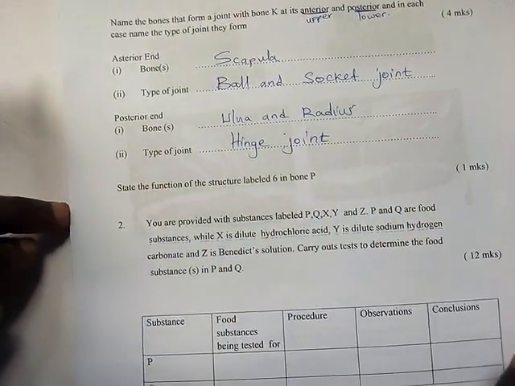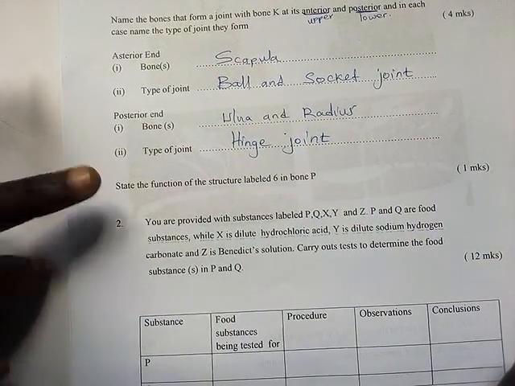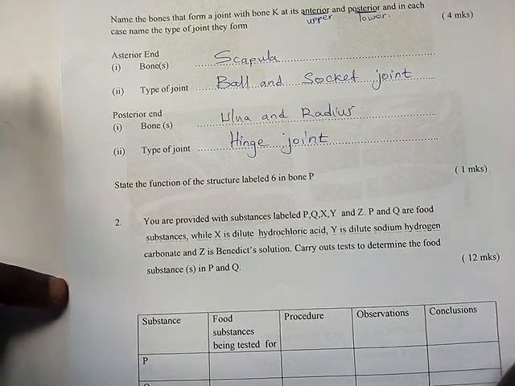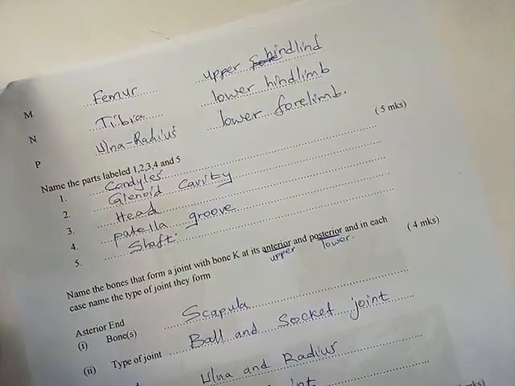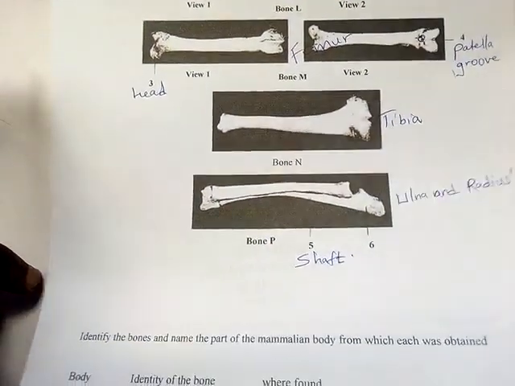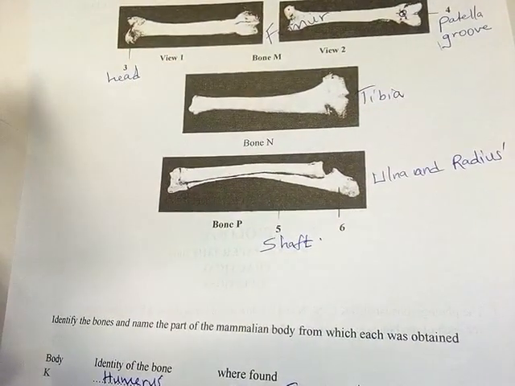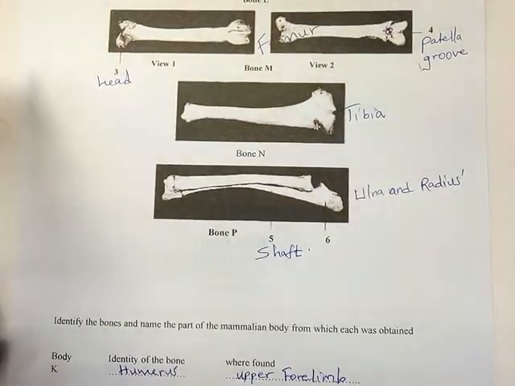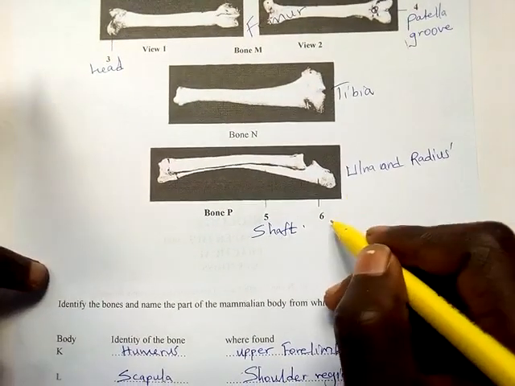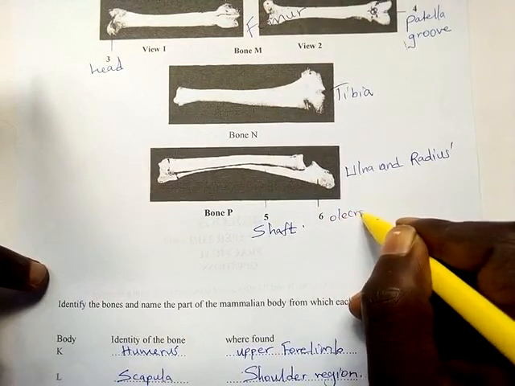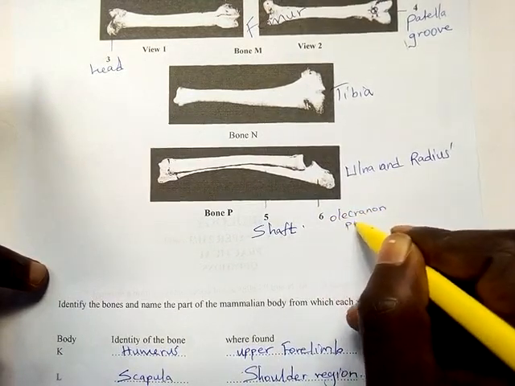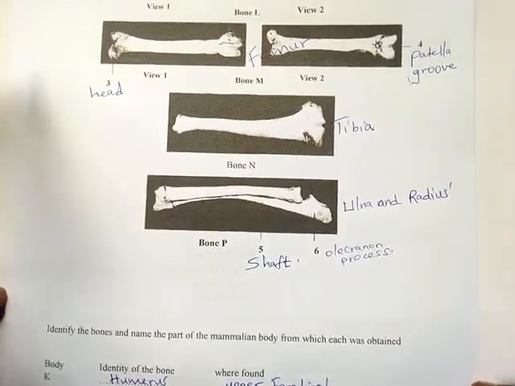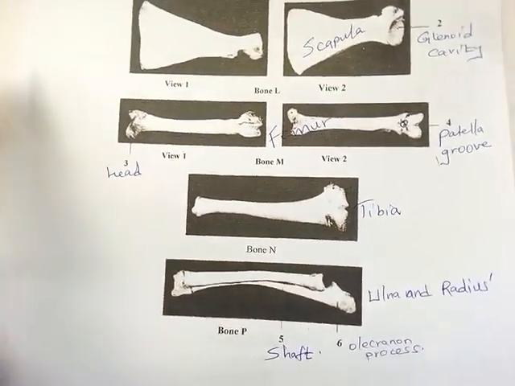Then the next question we are being told, state the function of the structure labeled 6 in bone P. Now you look at the bone P. This is the ulna and radius. And then part 6, number 6, this is the olecranon process. Then you should be able to know the function of the olecranon process.